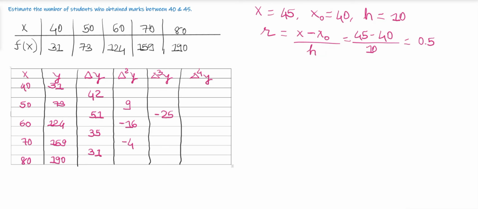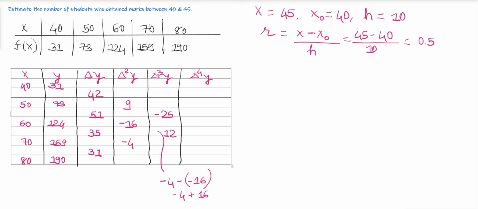Now the difference, minus 16 minus 9, is minus 25. Then minus 4 minus 16. Here don't get confused. It will be minus 4 plus 16, so here we'll write it as 12.